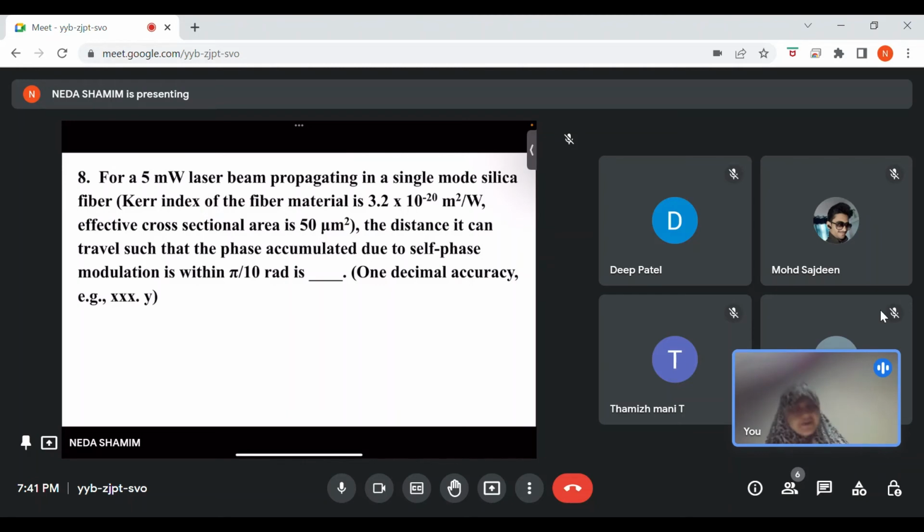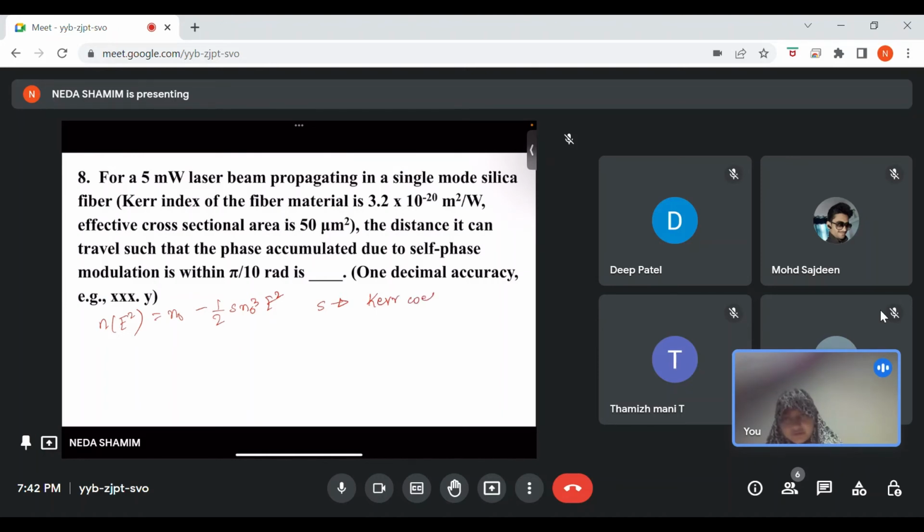So the Kerr effect we say is a nonlinear phenomenon, right? So what happens is that the refractive index of the medium is proportional to E squared, and it is given by this particular formula. Here what is S?